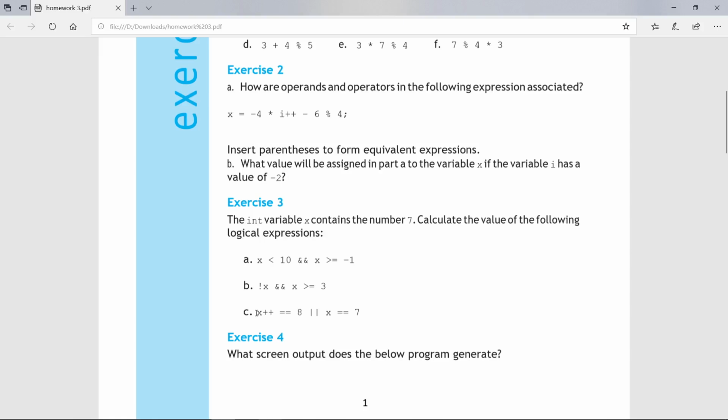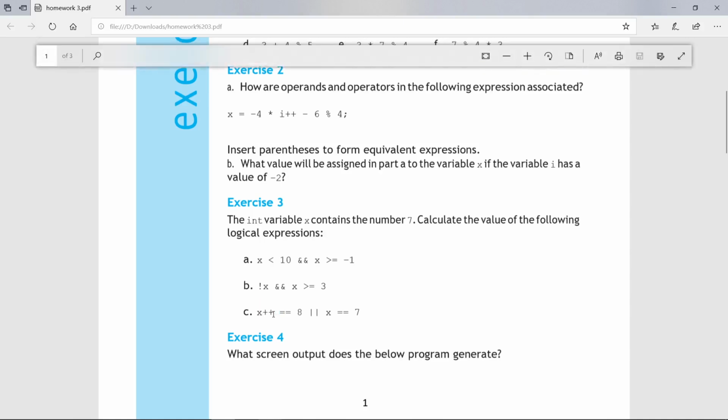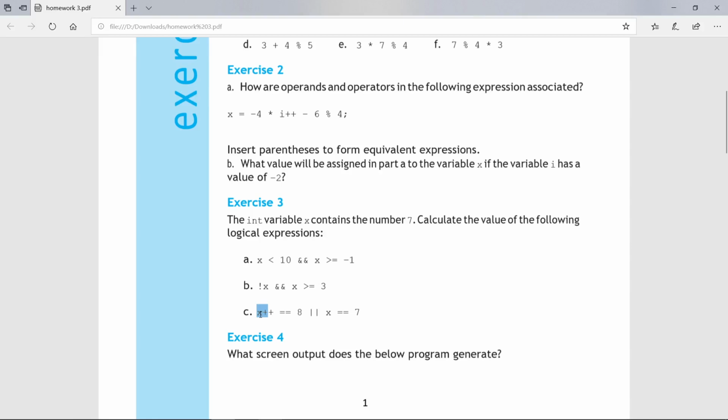We look at c, and for this one, we have x plus plus is equal to 8, okay? Or x is equal to 7. Now this one is false because in the first bit you would look at 7, right? Because the plus plus is after the x, we're dealing with the original value for now, okay?